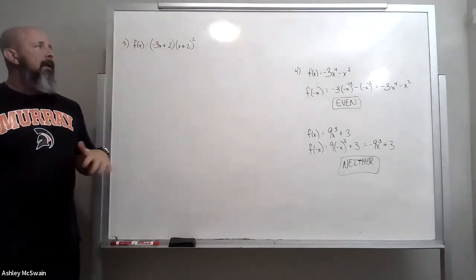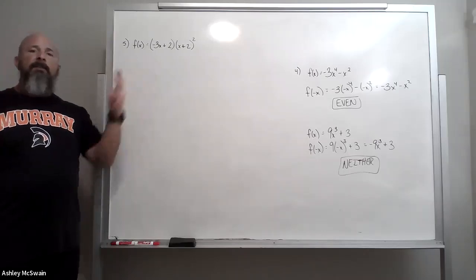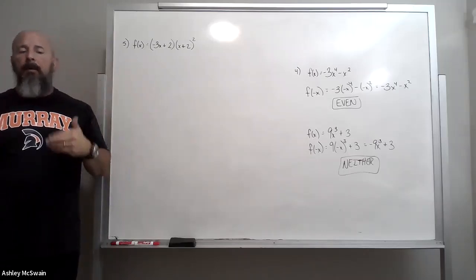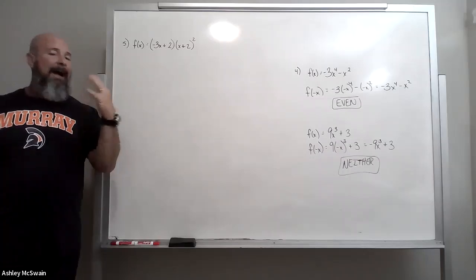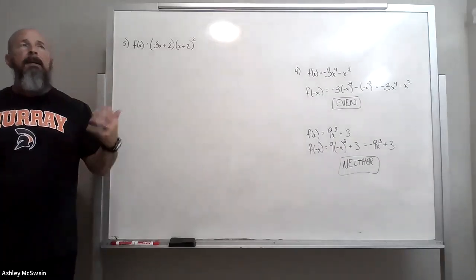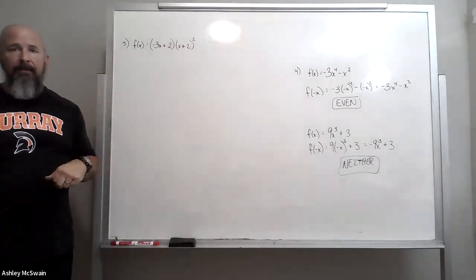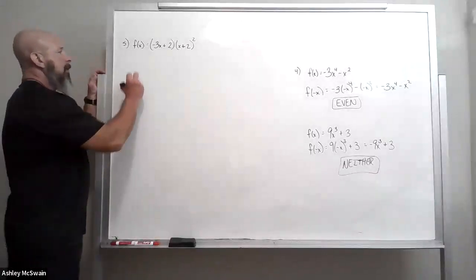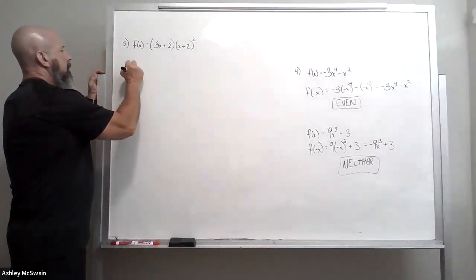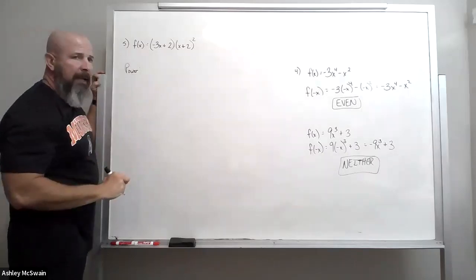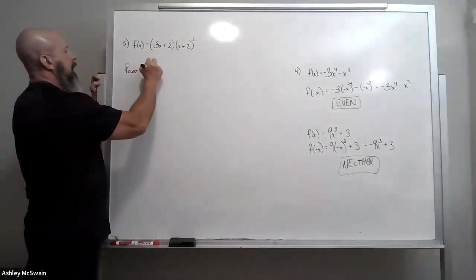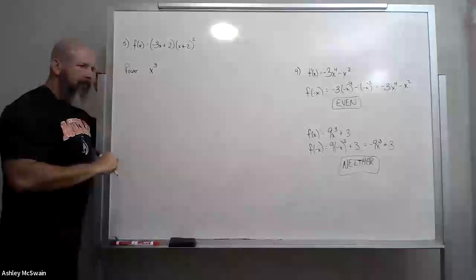Okay. So one of the reasons I wrote it like this is because, all right, now we need to remember, make some extra notes on my paper there. I need all of those pieces to know exactly where the graph is sketched. So the power function would be the highest power if it were multiplied out, and that would be x cubed.